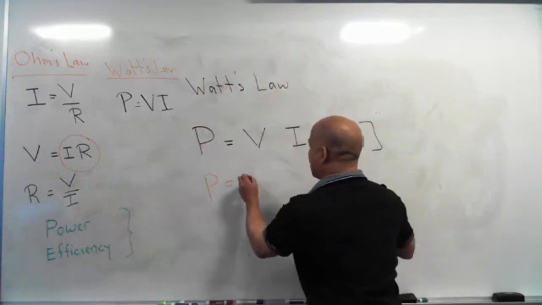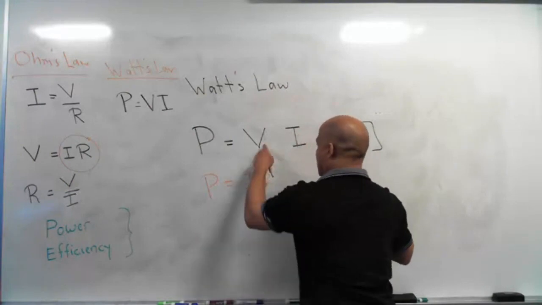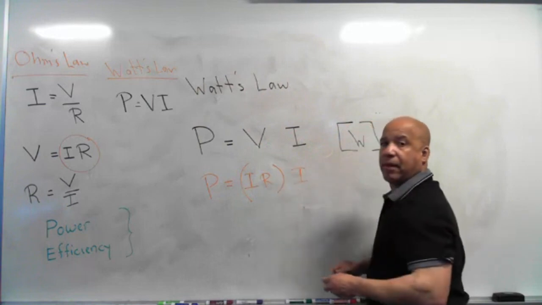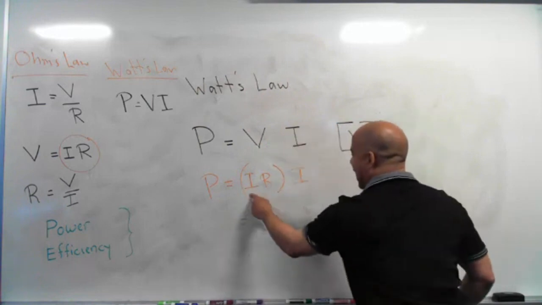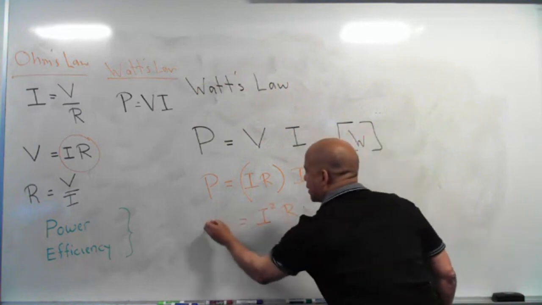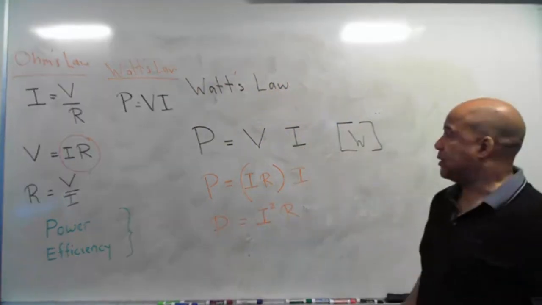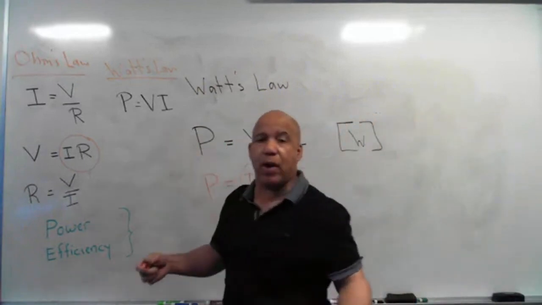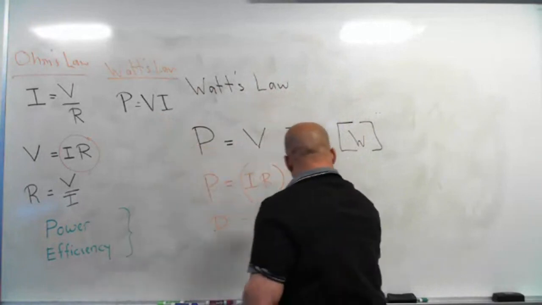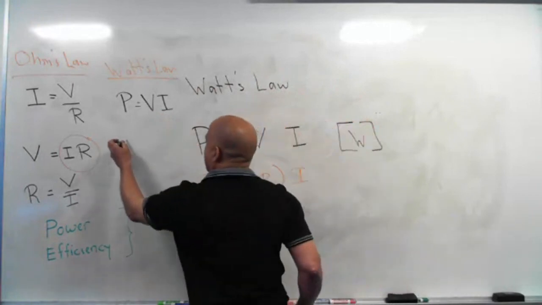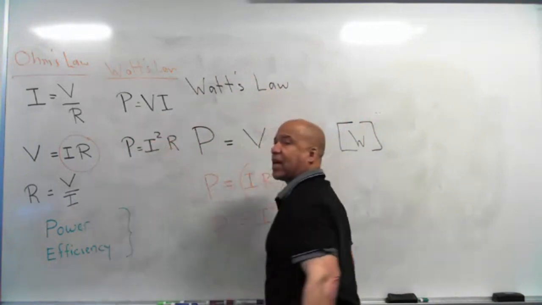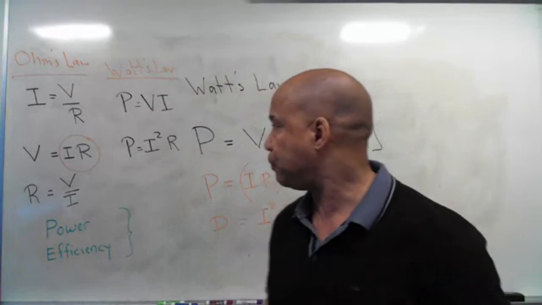V is equal to I times R. So this V is really I times R, and I'm multiplying that V by I. If I do that, then what I end up with, I times I is I squared R. That also gives me P. So now I don't have to just use this one right here. I got another way to get the power. I can take P as V times I, or I can say that P is I squared R. That's the second form of Watt's law.